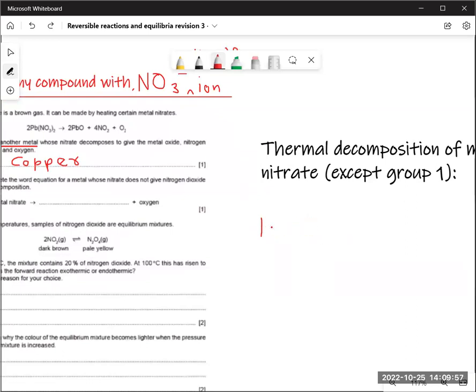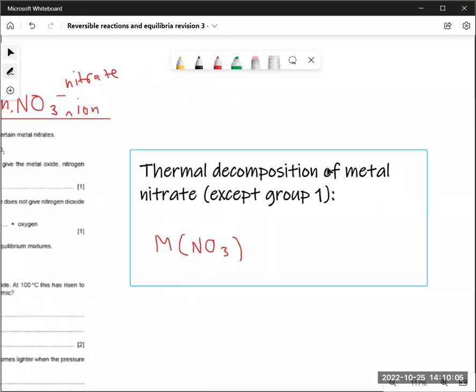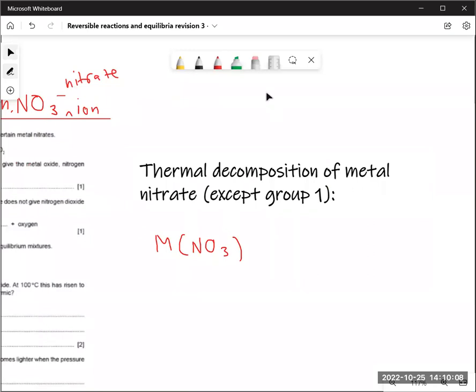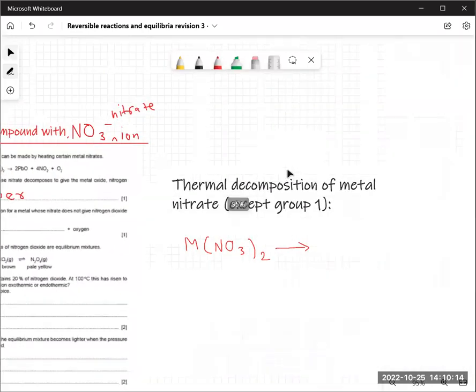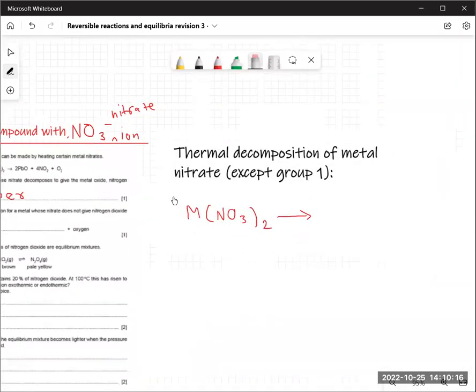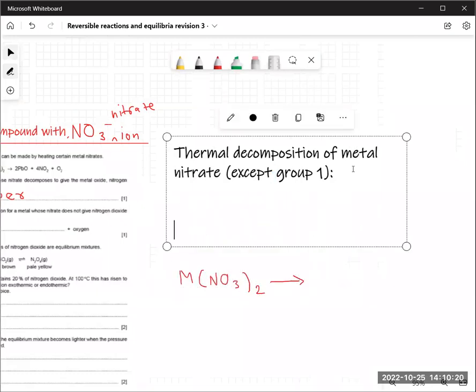I'll give you some examples. There are two possible ways. So M NO3 gives us... This is called decomposition of group 2 metal nitrates.